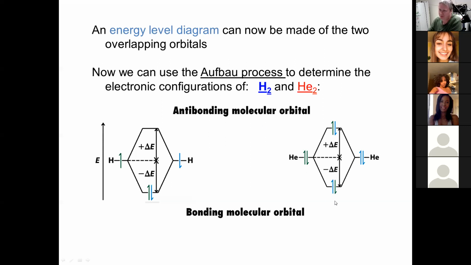I wish you had a thumbs up, thumbs down, but we know. No, it's not. Exactly. Helium-2 does not exist, and it's because there's no electron configuration that would allow it to. There's no way you could have 2 helium atoms bound, because they occupy the antibonding orbital. Okay, so H2 is a nice happy molecule. Helium-2 is not a happy molecule.